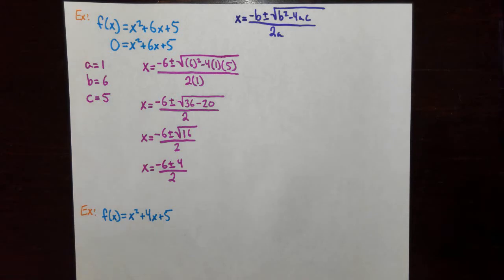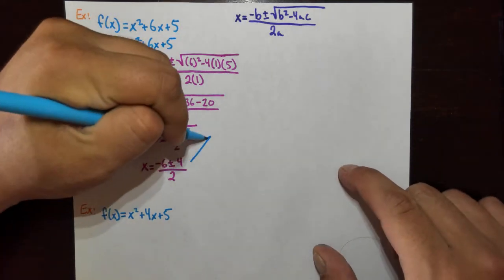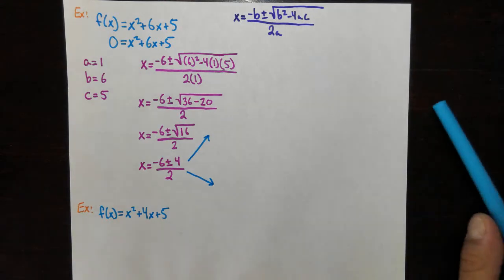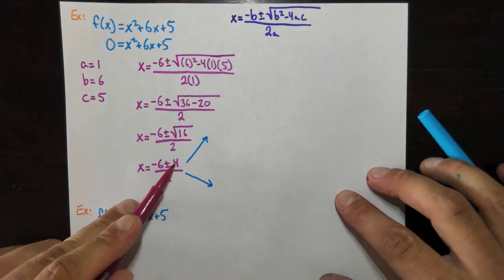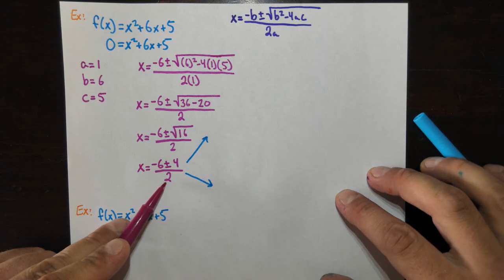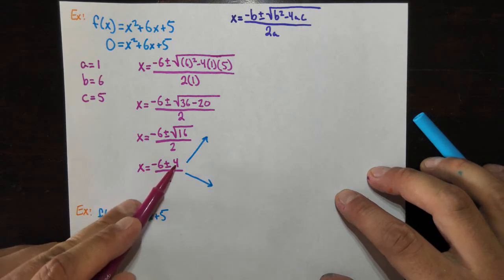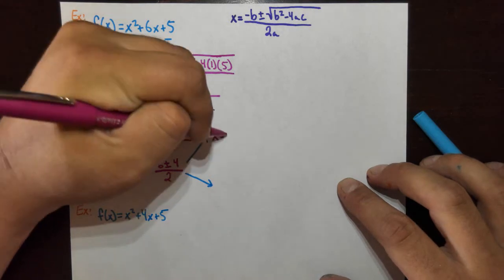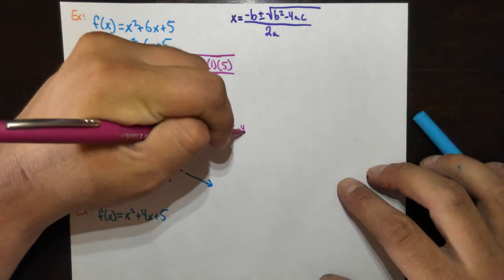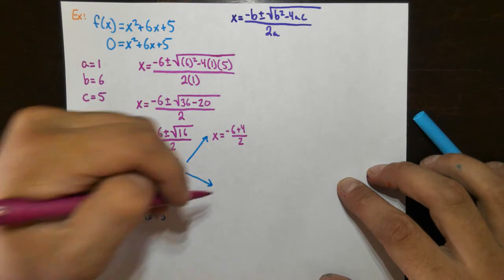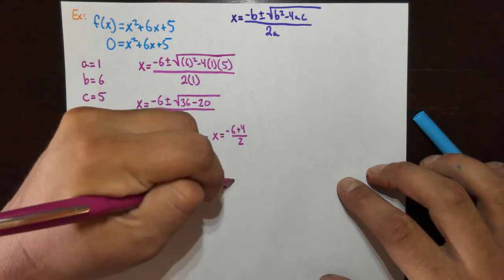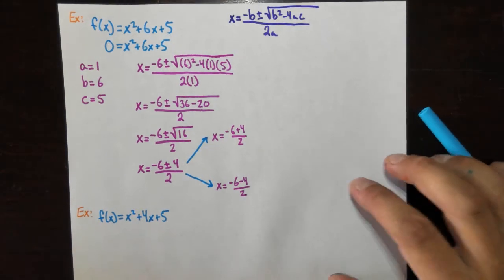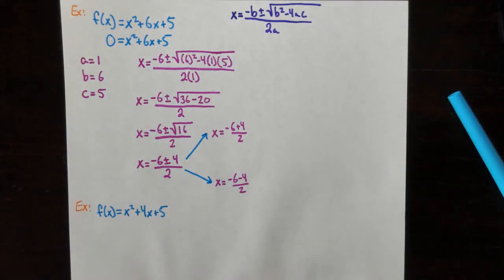At this point, we're actually going to split this up into 2 different equations, where one is going to read -6 plus 4 divided by 2, and the other one's going to be -6 minus 4 divided by 2. So let's go ahead and write that. X equals -6 plus 4 divided by 2, and the other one is x equals -6 minus 4 divided by 2.